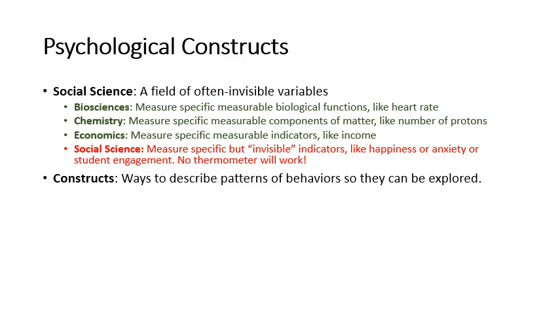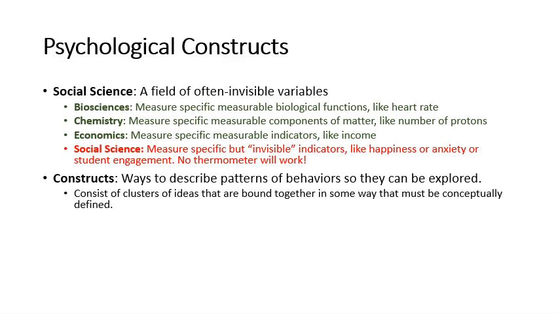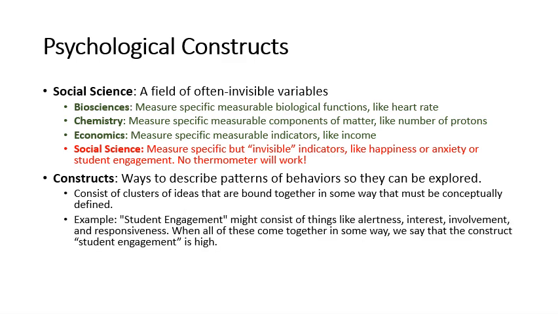We call these invisible ideas constructs, defined as a way to describe patterns of behaviors so they can be explored. They consist of clusters of ideas that are bound together in some way that must be conceptually defined. For example, student engagement might consist of things like alertness, interest, involvement, and responsiveness. When all of these come together in some way, we can say that the construct student engagement is high.